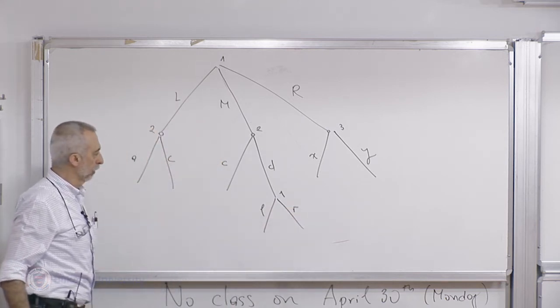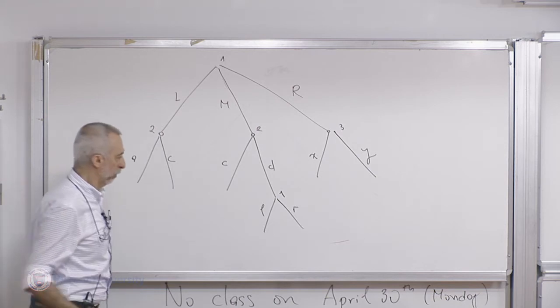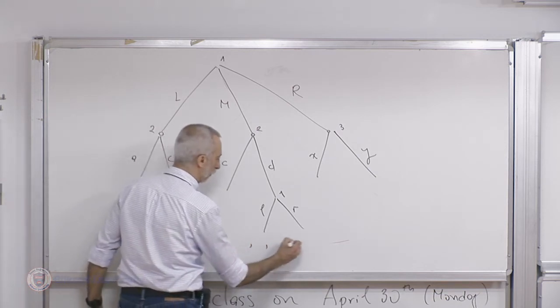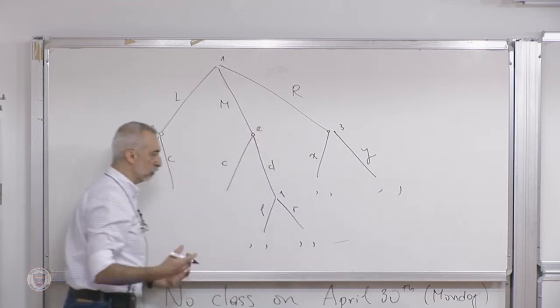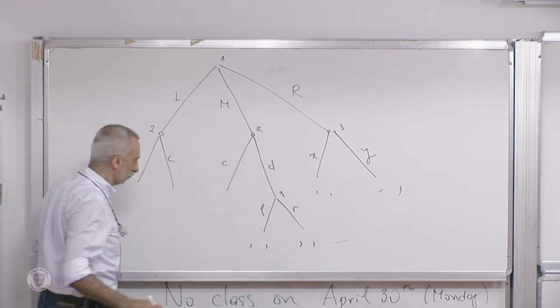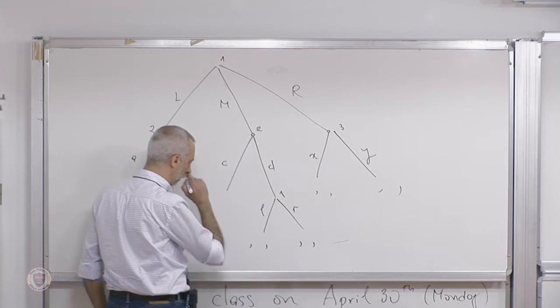So I'm just making up a game. Let me write the numeric representation of the preferences. I'll just make up numbers.